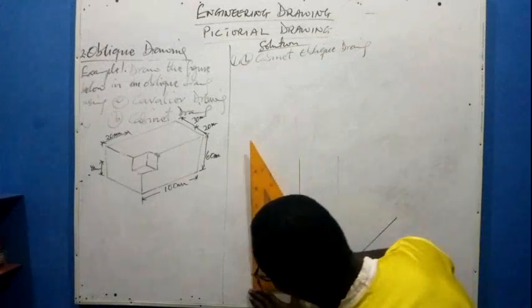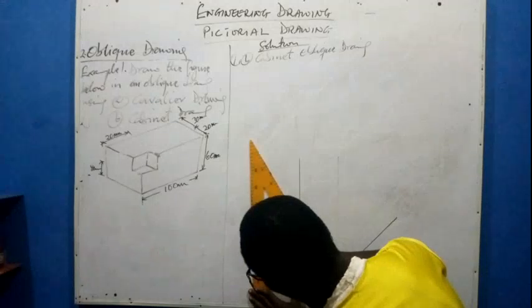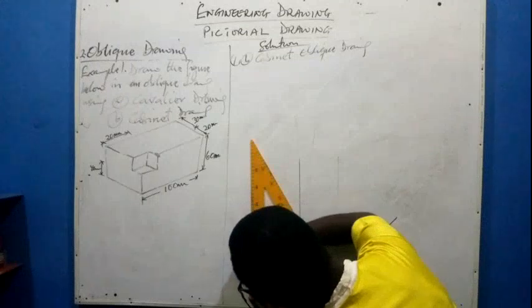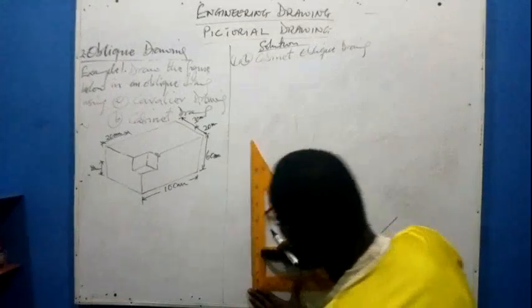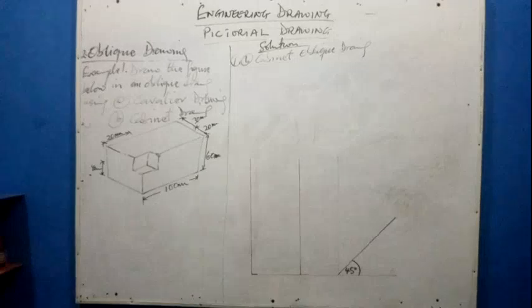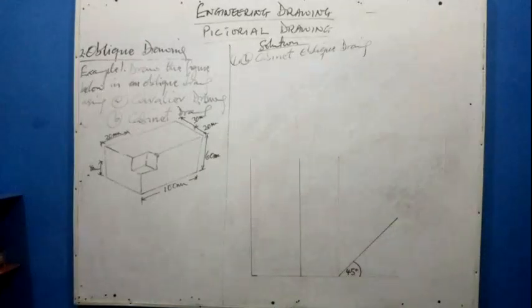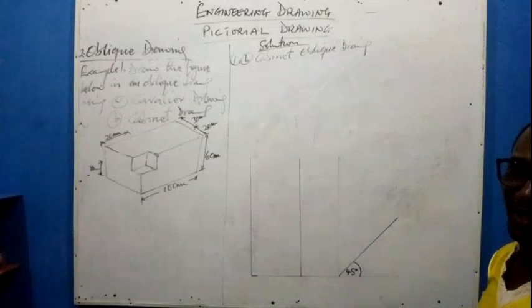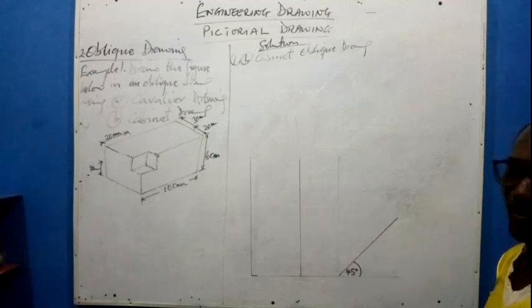Okay. I've gotten my lines. It should be faint. All these lines are supposed to be faint, tiny, not deep.